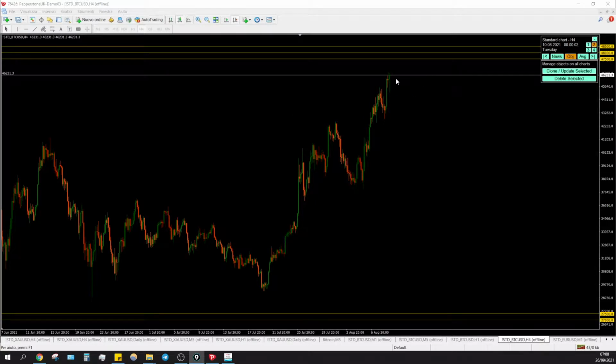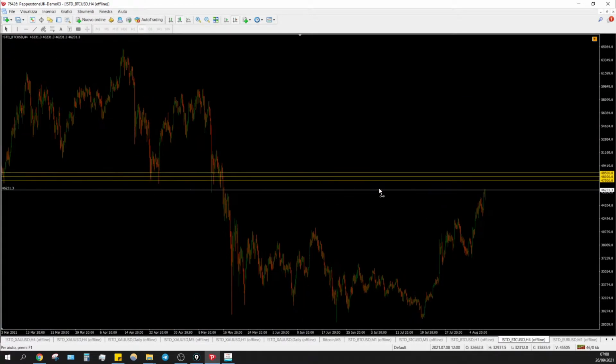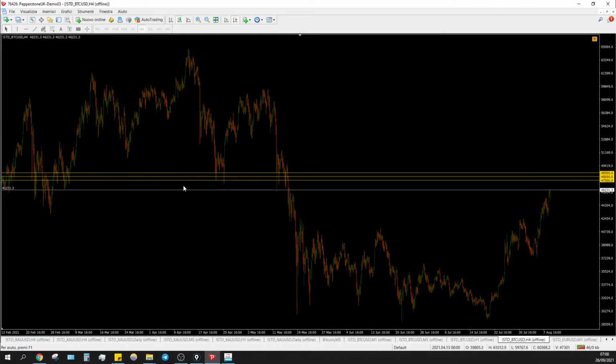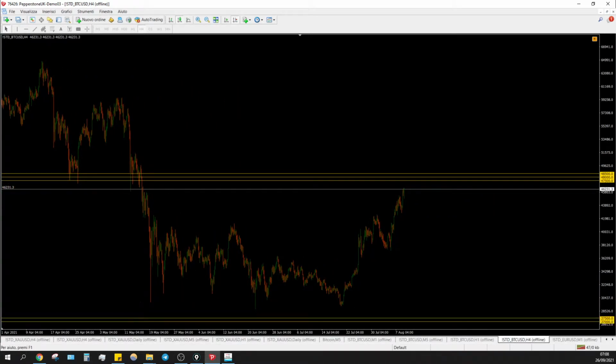So we are around 46,000 as a price level. Okay. On the high time frame, we just came from the sell-off here.